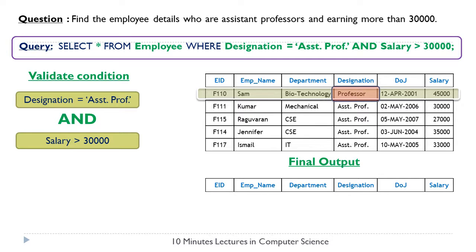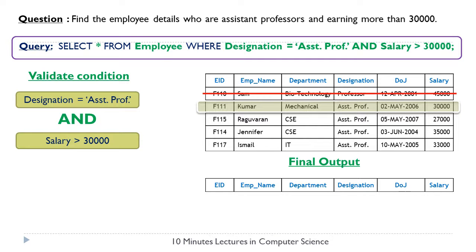For example, the first record has designation professor, and this is not equal to assistant professor, hence the record is eliminated. The second record has designation assistant professor, but salary is not greater than 30,000, hence that is eliminated as well.